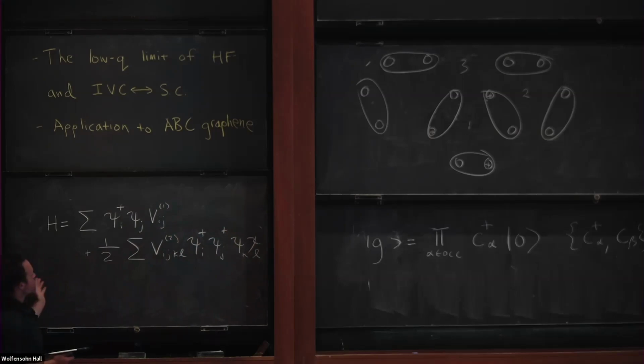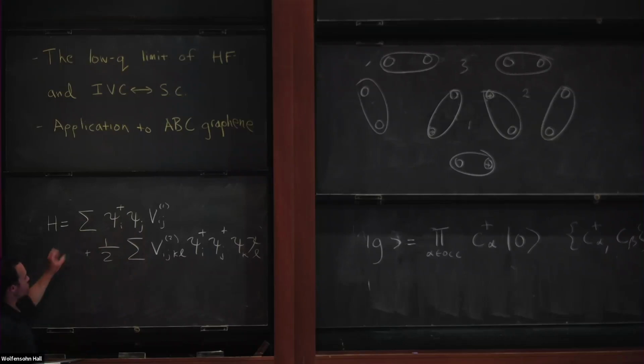So in a tight binding model, for example, these indices i would run over the orbitals and spin. But you could also think of this as just an abstraction: i could instead be the momentum of electrons, and these sums then become integrals, or i could correspond to the position in real space. The point is, it's just any decomposition of the single particle Hilbert space into these indices here.